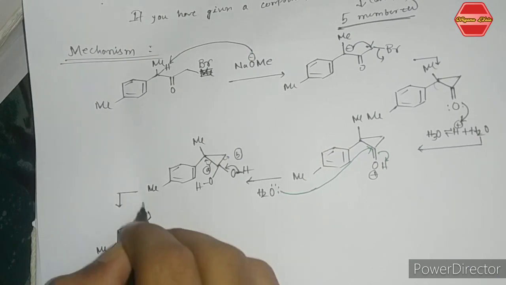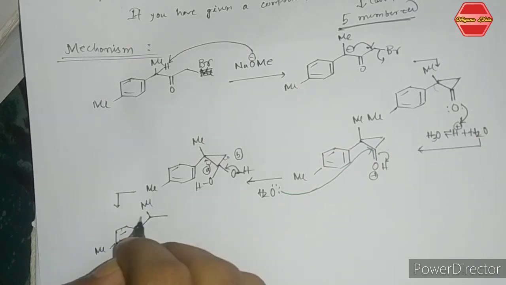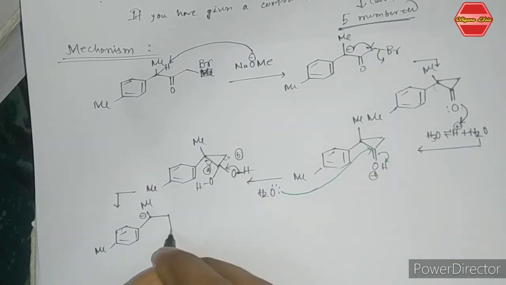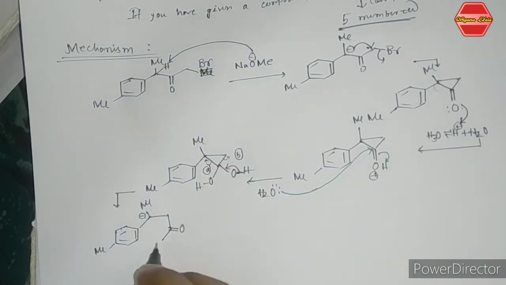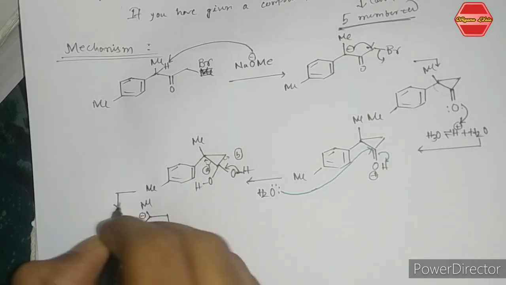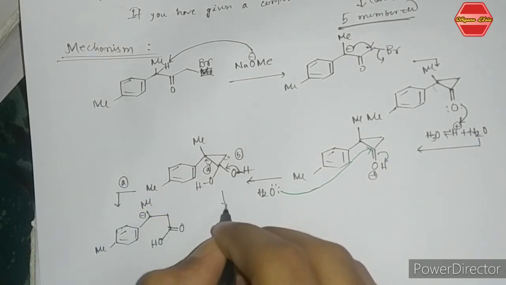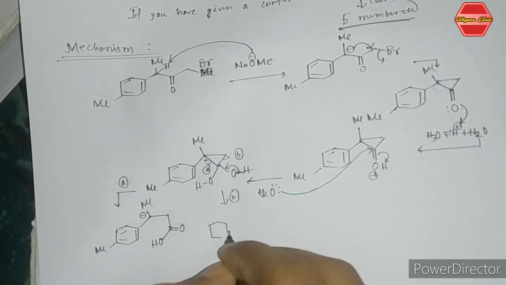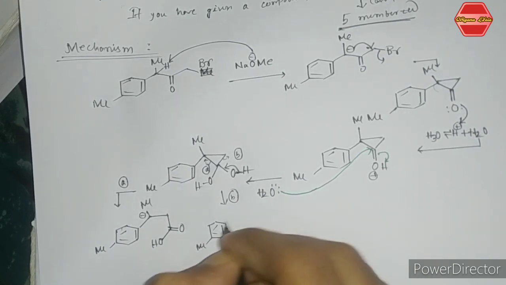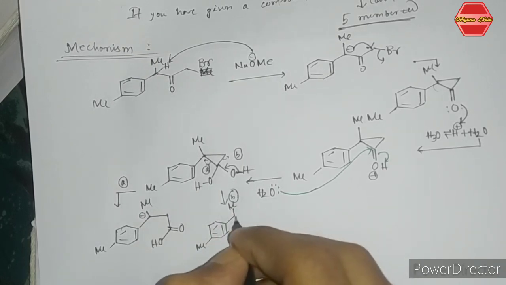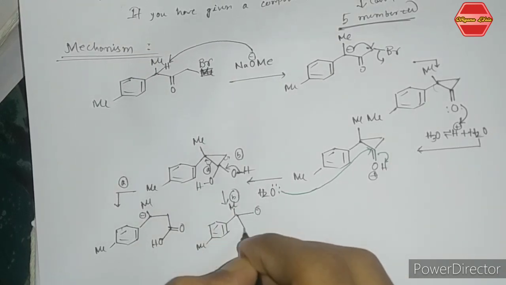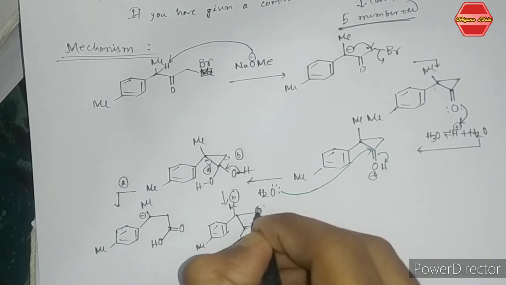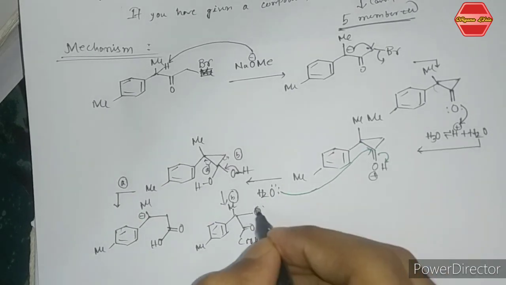And if this opens like this here, and there is a bond O, and here is your OH, that is pathway A, and here is pathway B. Here is your negative charge. Now see, here is a primary negative charge, that is a primary carbanion.